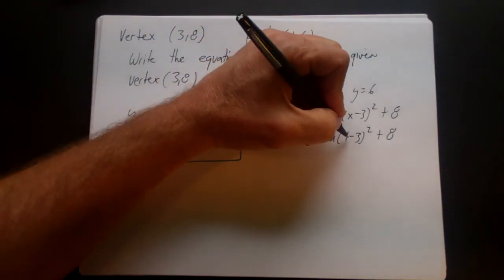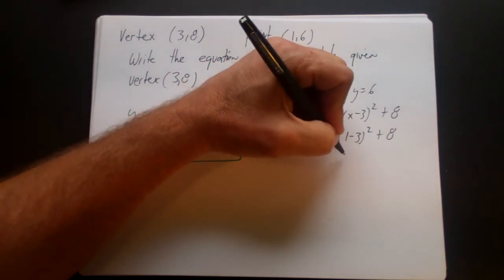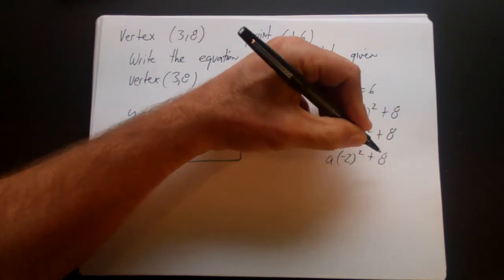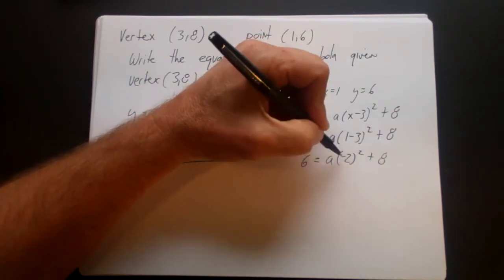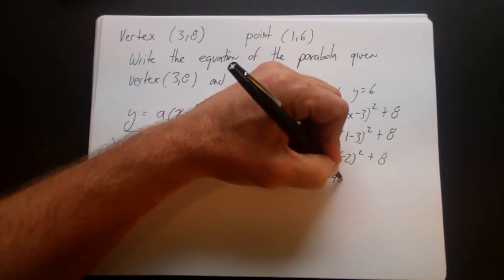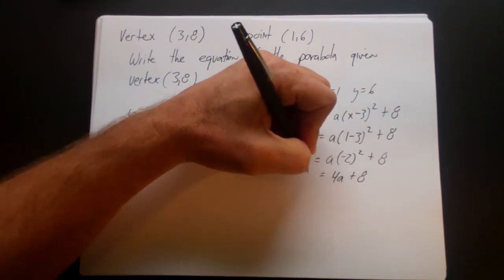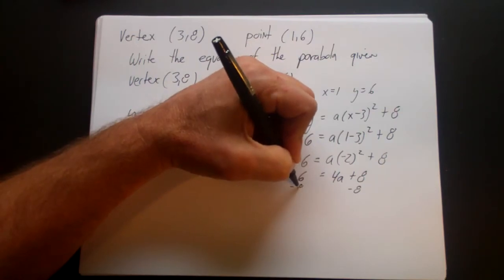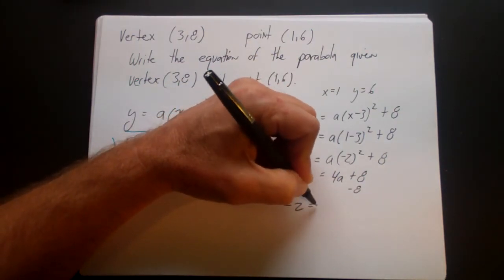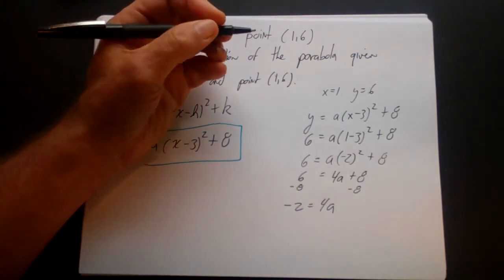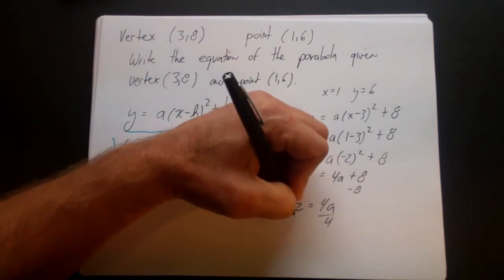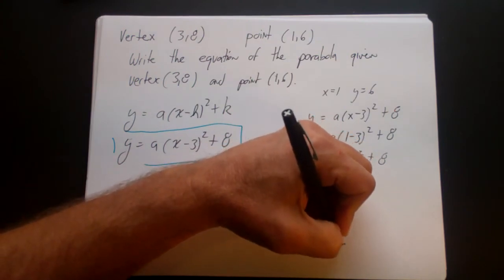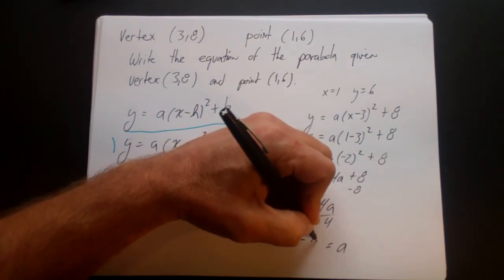The first thing I'm going to do is 1 minus 3, that's a negative 2. And negative 2 squared is 4, so you get 4a plus 8 is equal to 6. Let me subtract 8 and subtract 8, so that's minus 2 is equal to 4a. Now I'm going to divide by 4 and divide by 4. And I get a is equal to minus 1/2.